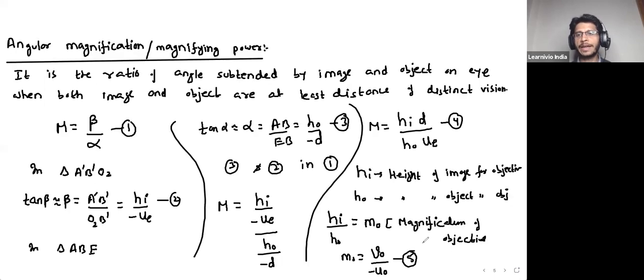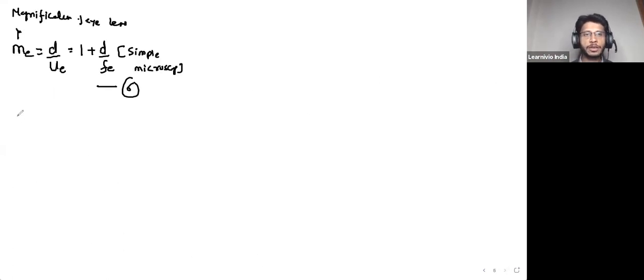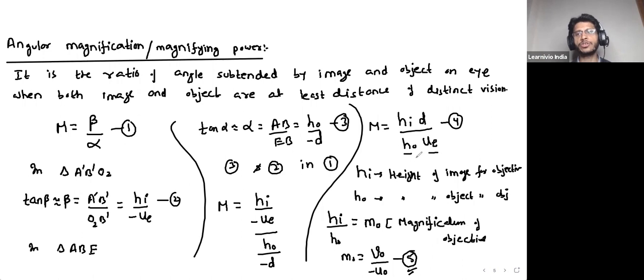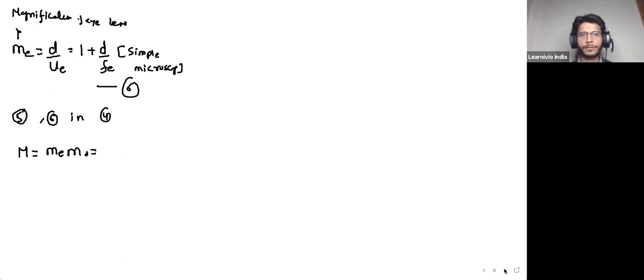Now I can take equation number 5 and equation number 6 and substitute both in equation number 4. When I do these substitutions, I get the angular magnification M is ME into M naught, the product of M naught and ME.